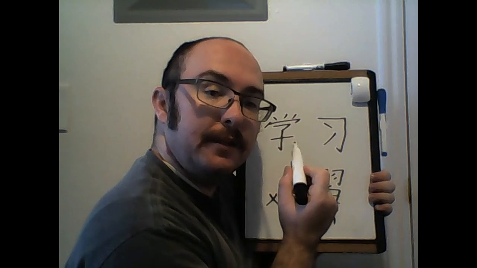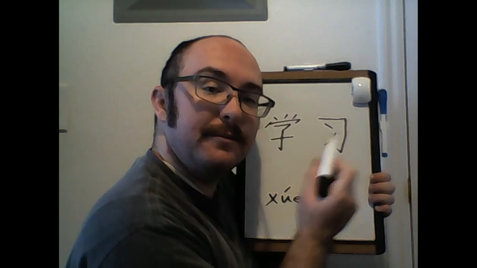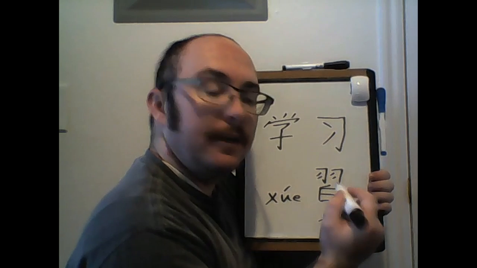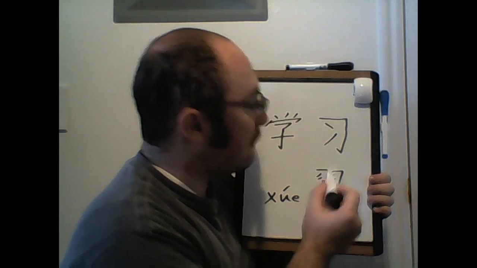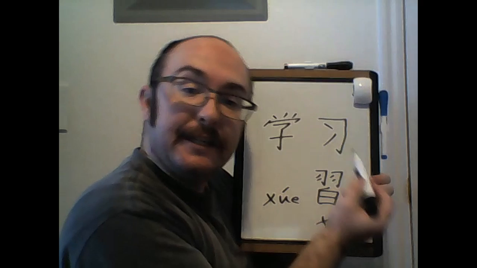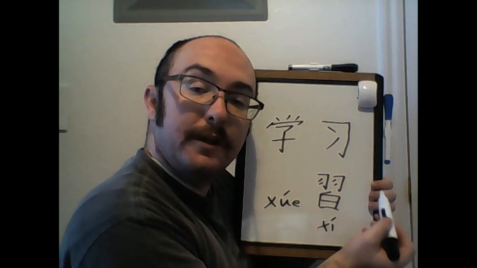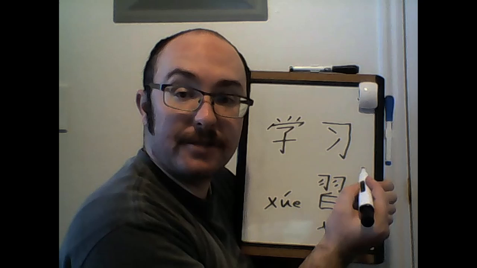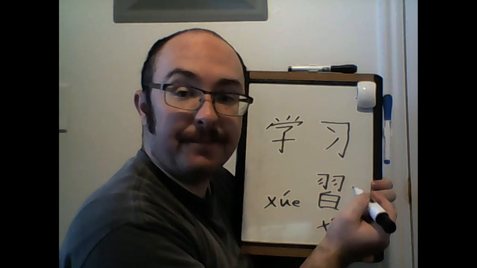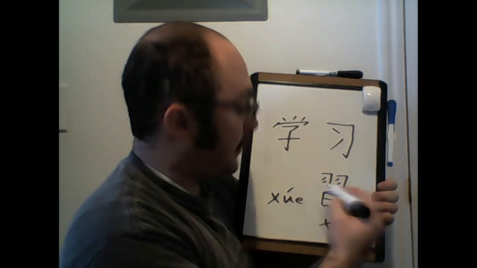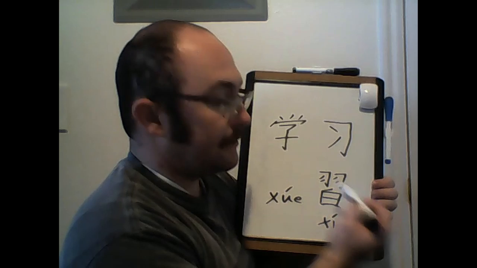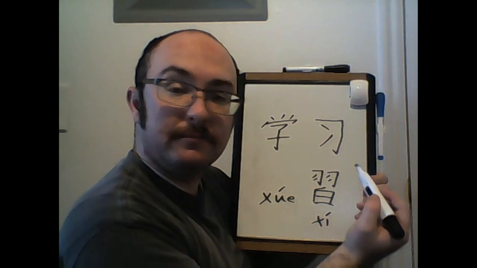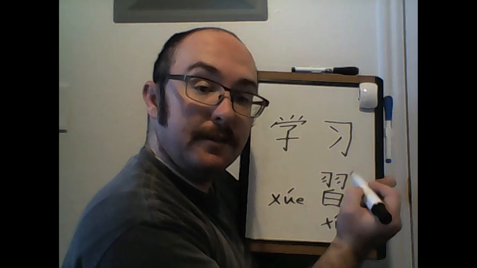So you study and you practice, makes you learn. This particular 习 is the character for Chinese President Xi Jinping. That's his sheng. Xi. So learn, practice, study, practice, and you'll learn. 学习.